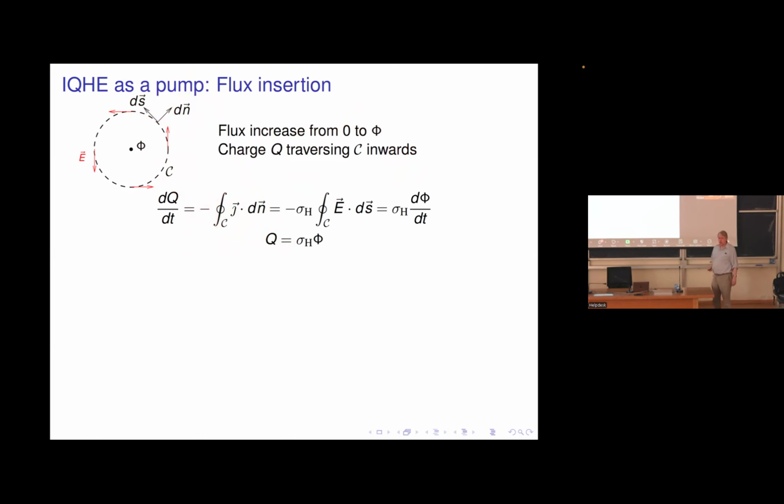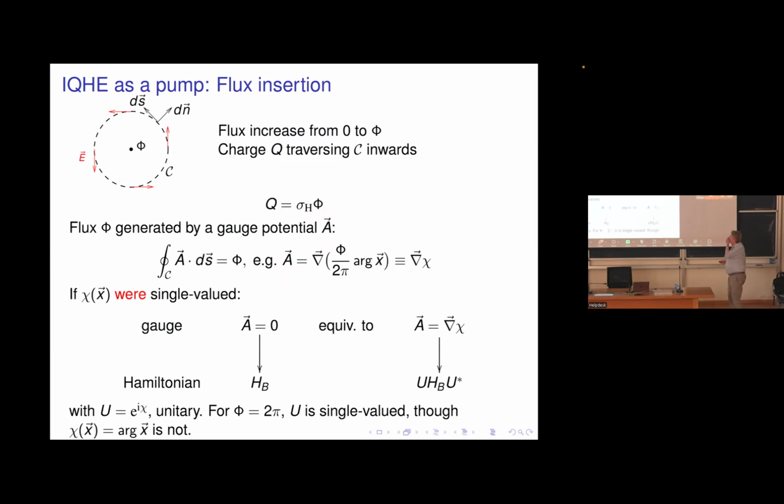Then there is this quantum Hall law, which says that J is proportional to E, with proportionality constant sigma H, but also perpendicular, and that is taken into account by replacing the dn here by the ds, the tangential. Now here you recognize the electromotive force, together with the minus sign from the Lenz law, if you want. This is d phi by dt. So if you integrate this over some time span t, then you end up with the charge transported in the meantime being sigma H times the flux.